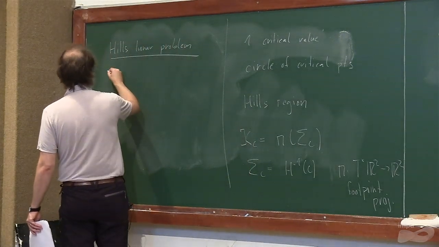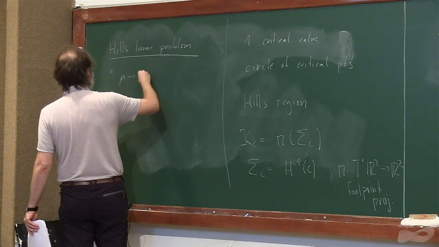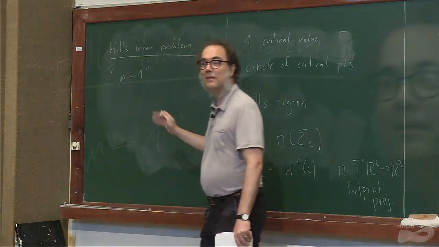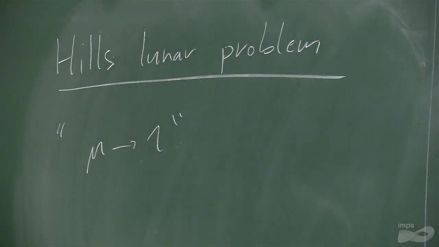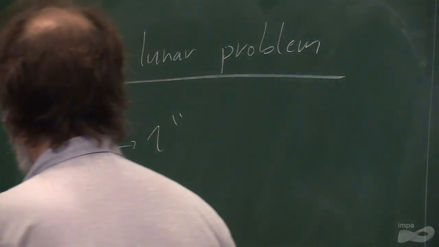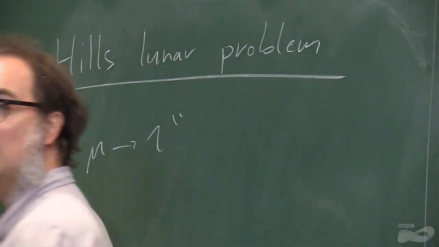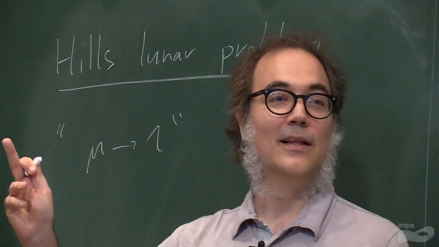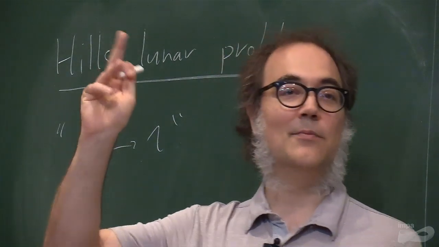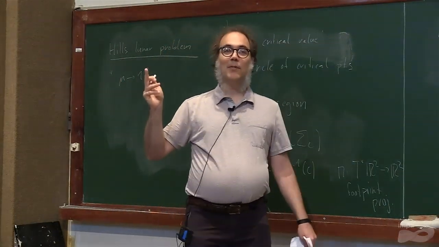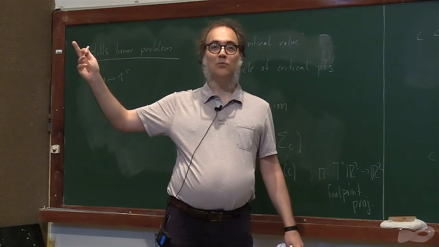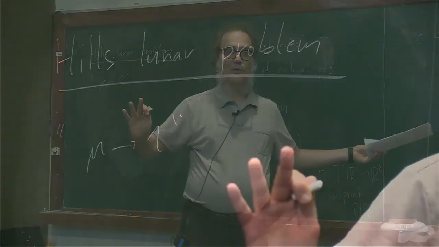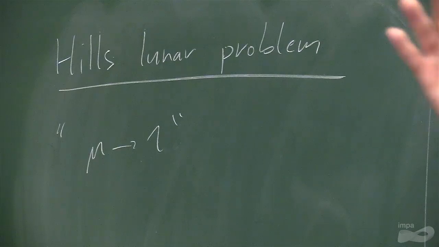Also, it's something like mu goes to 1, but we have to take this a bit in parentheses. So we have now an extremely heavy Sun, which is infinitely much heavier than the Earth, but the Earth is still infinitely much heavier than the Moon. So we cannot compare anything anymore. Everything is on different scales.